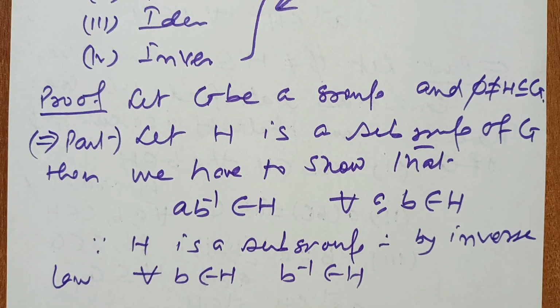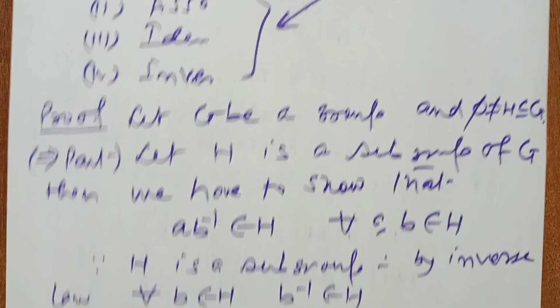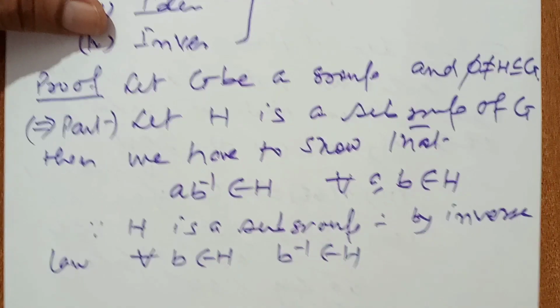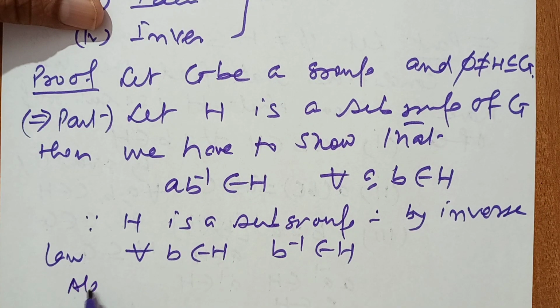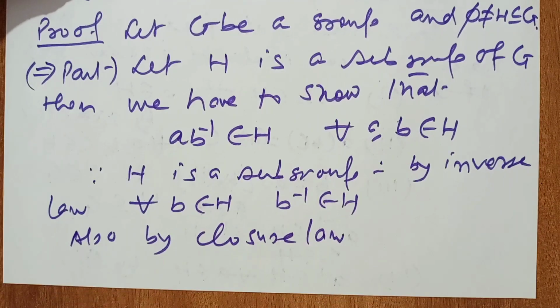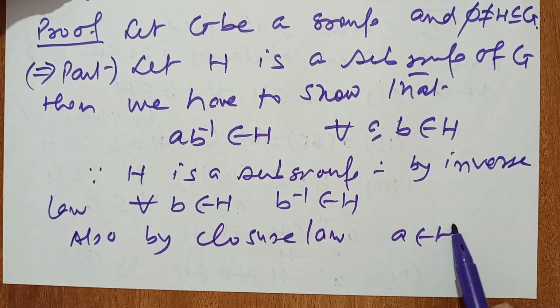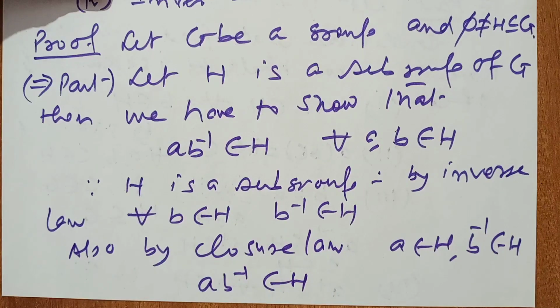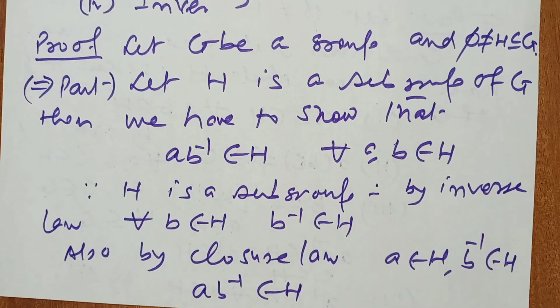Now, since H is a subgroup, the closure property is satisfied. So also, by closure law, A belongs to H, B inverse belongs to H, so AB inverse belongs to H. Okay, so the first condition is satisfied.